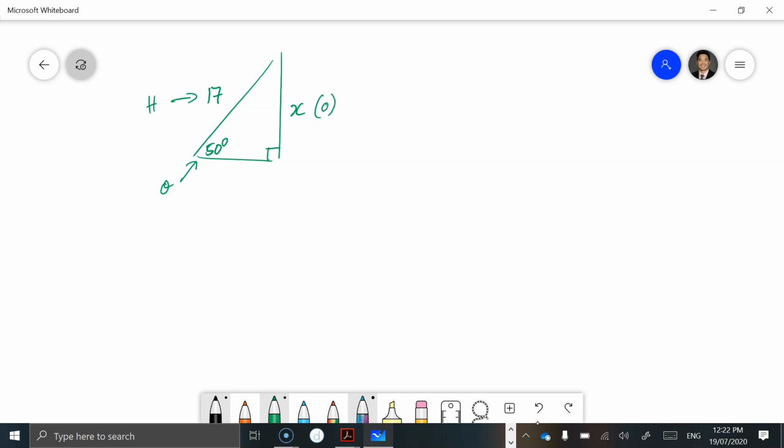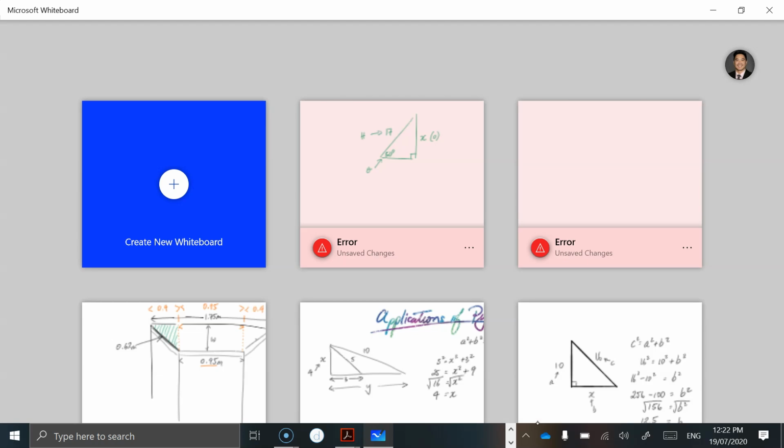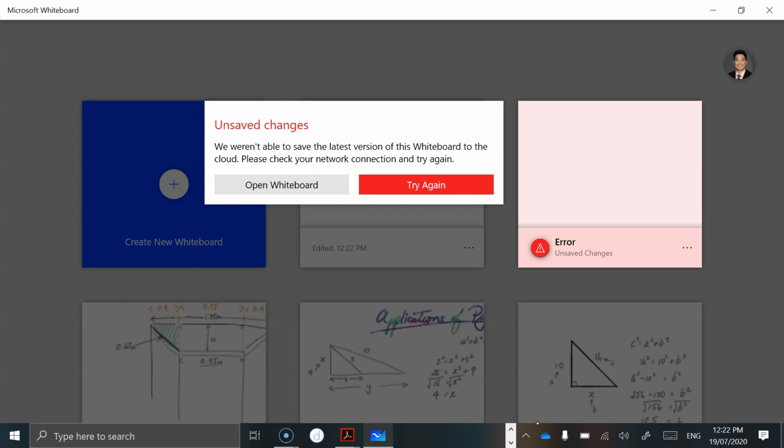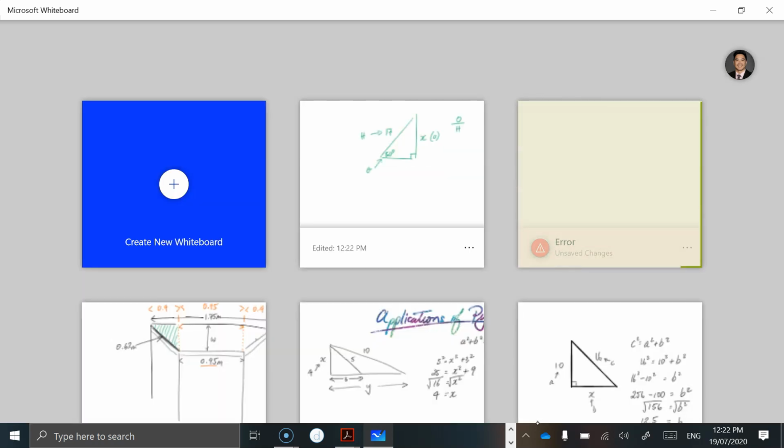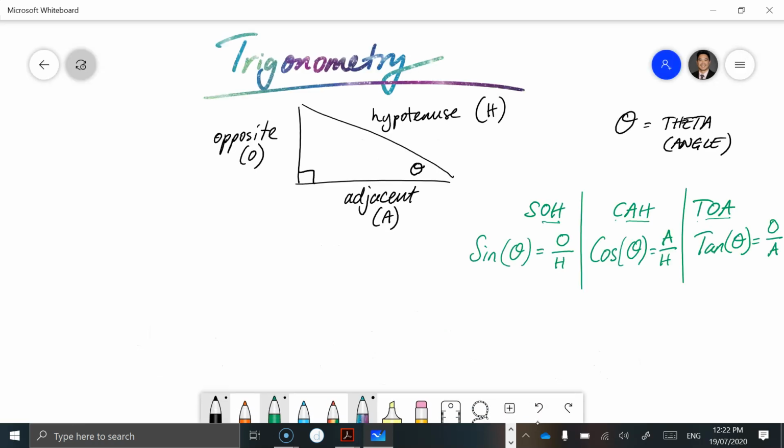All right. Okay, so now because the 2 sides that we have are the opposite and the hypotenuse, we need to choose sine. So if we look back at this one, there we go.